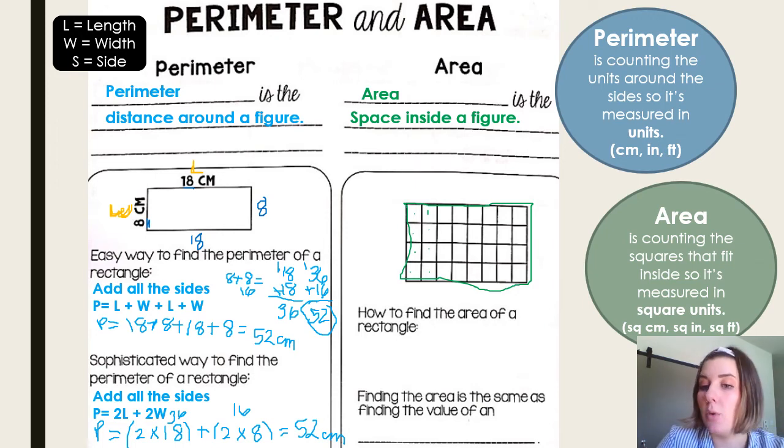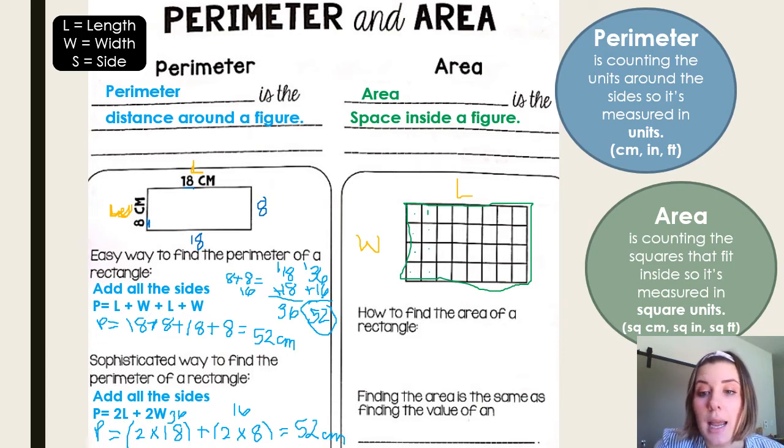Or a more advanced way would be to multiply the length times the width. Remember, we're going to do length up here and width on the side. You do not need to do all the sides, not length times width plus length times width, just the top times the side. Hopefully you're making a connection here: when we use an array to solve multiplication, we multiply the top times the side.